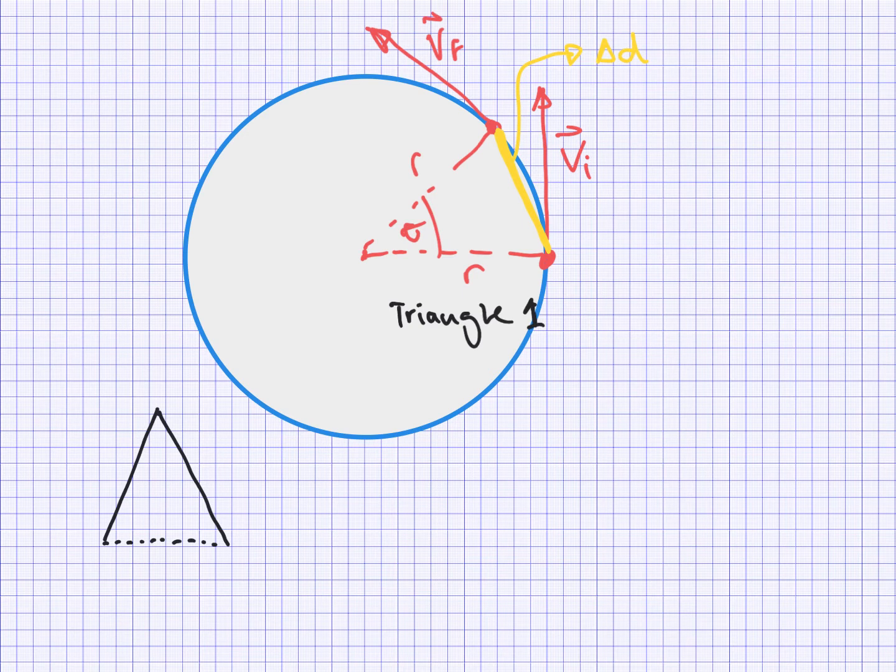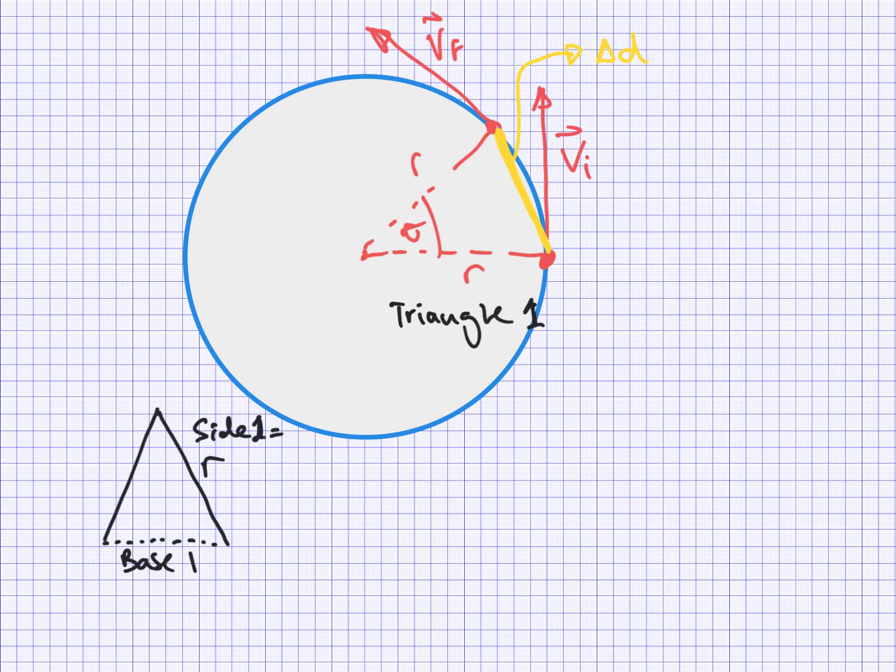And I'm just going to go ahead and say that this is R. So this side here is R. And the base, we'll call this side 1. There we go. And side 1 is equal to that radius.